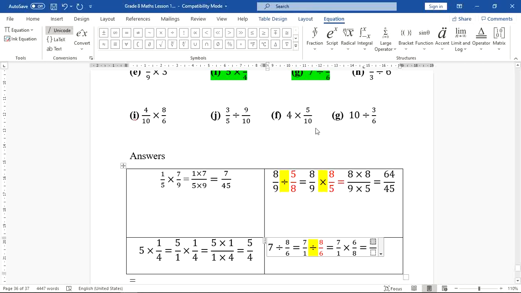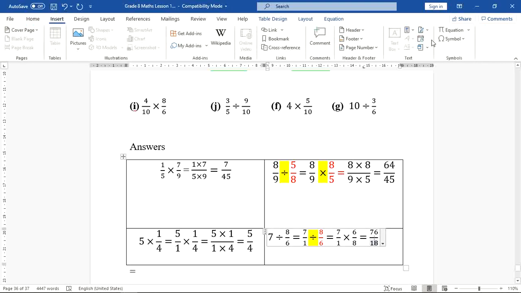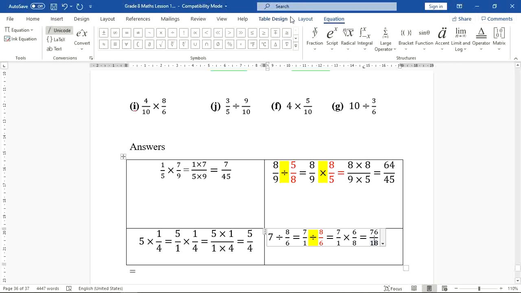And then we continue by multiplying the numerator with the numerator and the denominator by the denominator. Okay, so it's 7 times 6 over 1 times 8, with a multiplication sign here and also here.